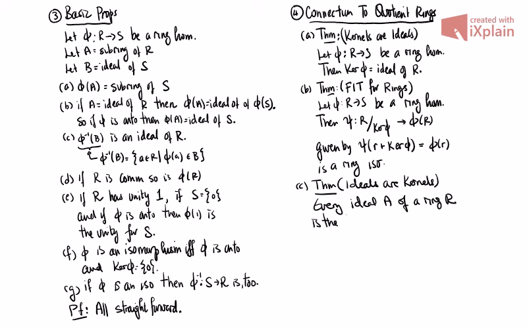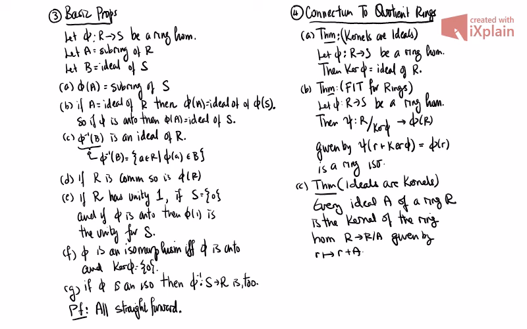Let's say it is the kernel of the ring homomorphism, because we can explicitly give it, that goes from R to R mod A given by little r gets mapped to little r plus A.